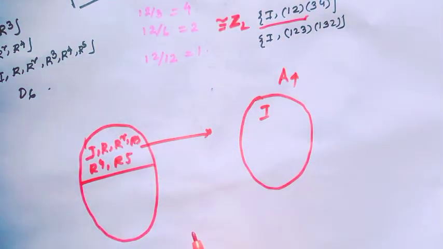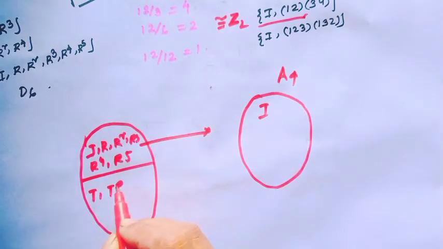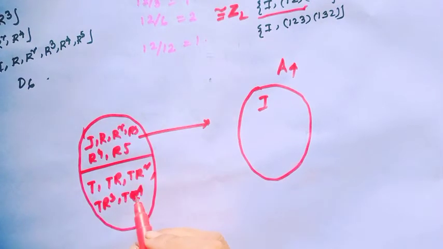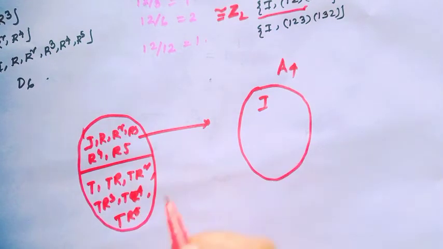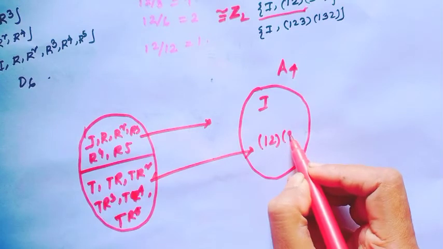And all reflections, sr square, sr cube, sr to the power 4 and sr to the power 5, send to the cycle (1 2 3 4).